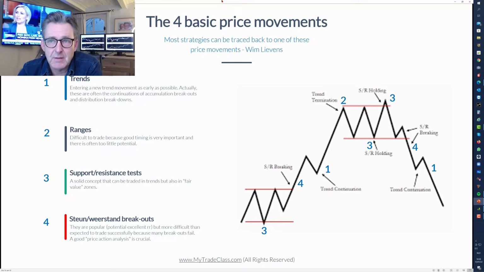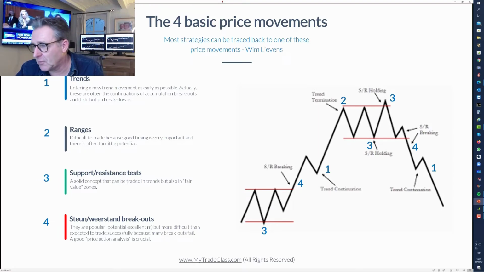A price can be in a trend, it can be in a range, it can test support and resistance levels, it can break out. Maybe there are other moves that can be described, or subcategories, but short of the long, that's it. There's not a lot more.